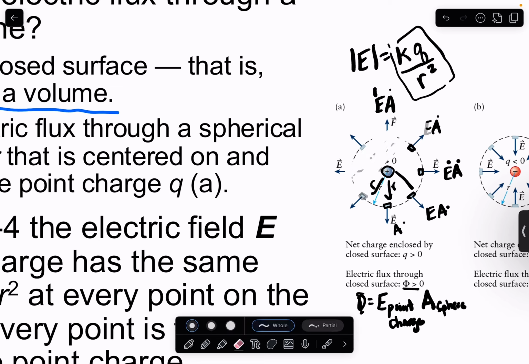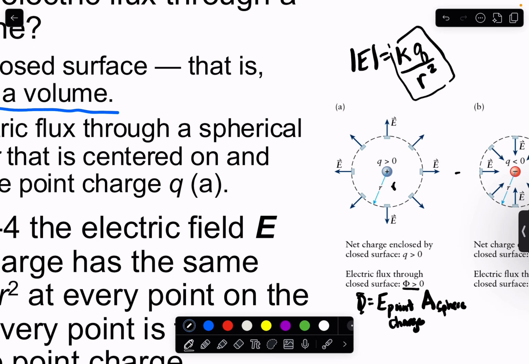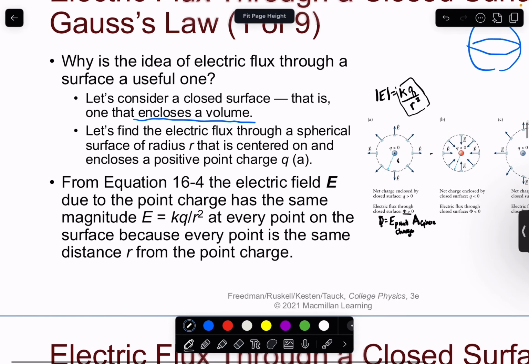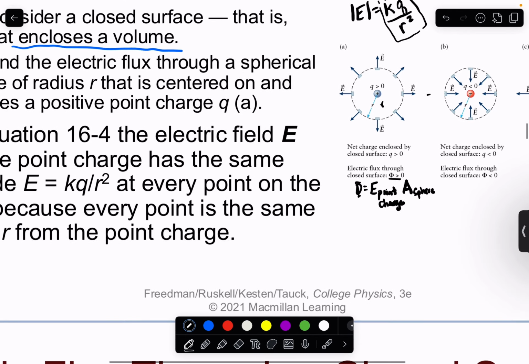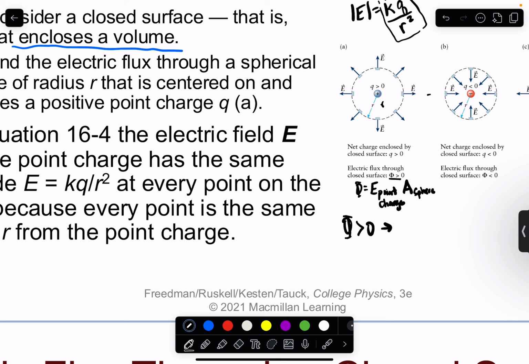Why? Because the electric field vector is pointing out of the surface. A flux that is greater than 0 means that the vector, in this case the E vector, is pointing out of the surface. And the value of that flux is going to be the electric field of that point charge at that distance r times the area of the sphere.